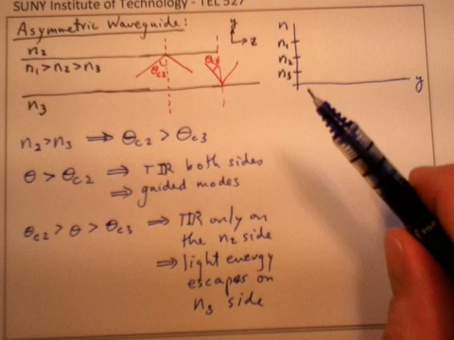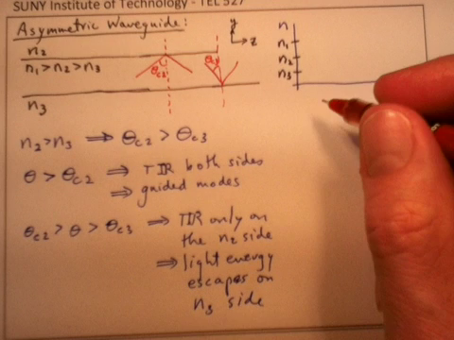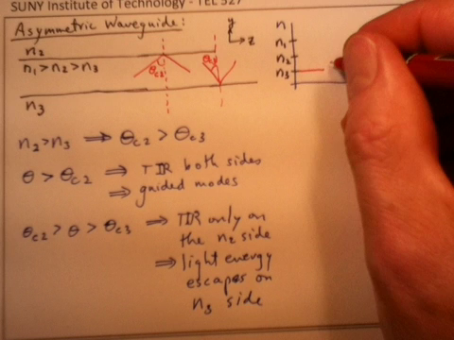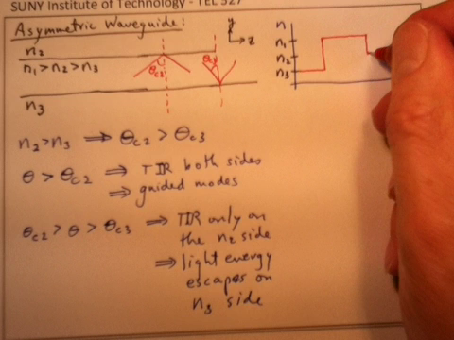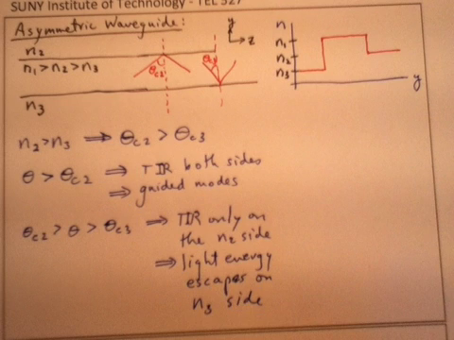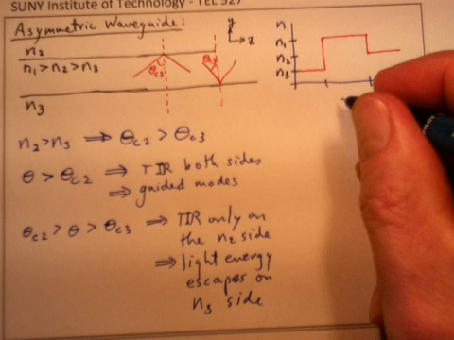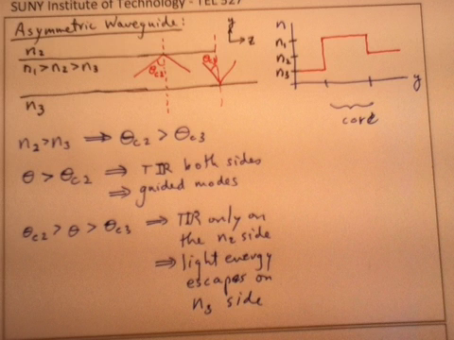And I suppose that this crossing point is not n equals 0. So we have our waveguide where we have n3 on one side, n1 in the core, and then n2 on the other side. And so this is the core of the waveguide here.